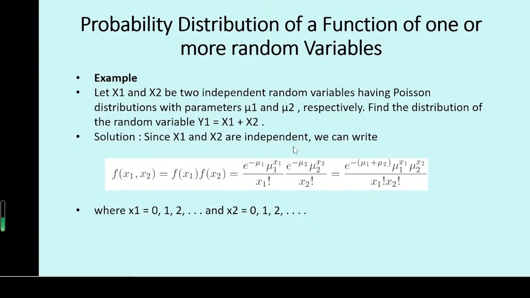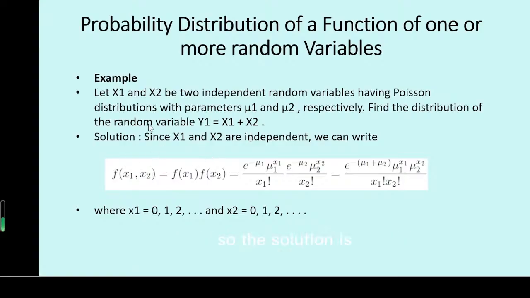Next, we will take a look at another example. Let X1 and X2 be two independent random variables, both having Poisson distributions with the parameters mu1 and mu2. And the question is to find the distribution of the random variable Y1, which is the sum of X1 and X2.